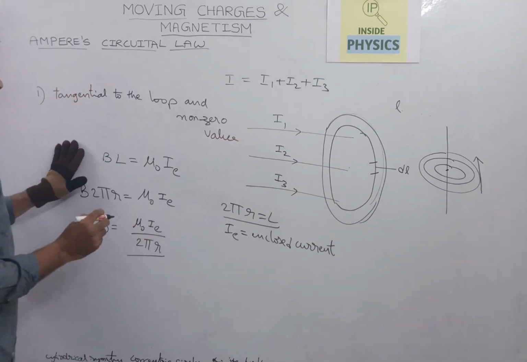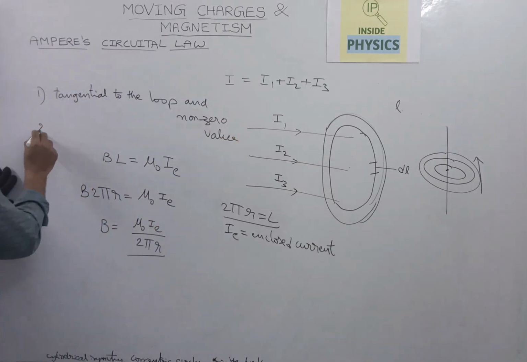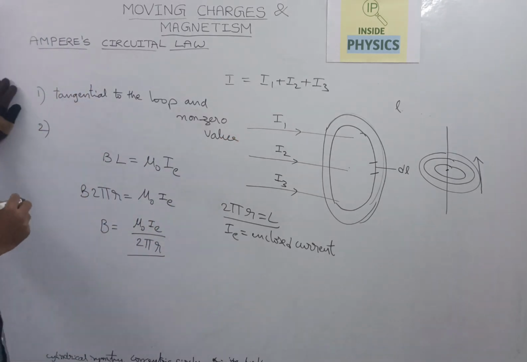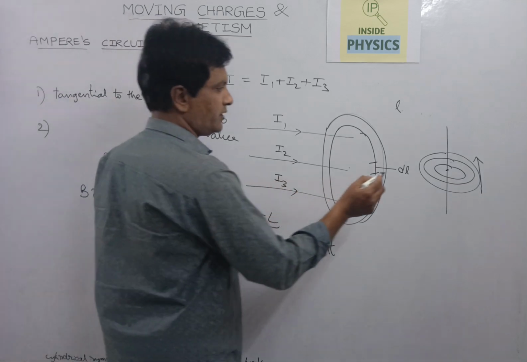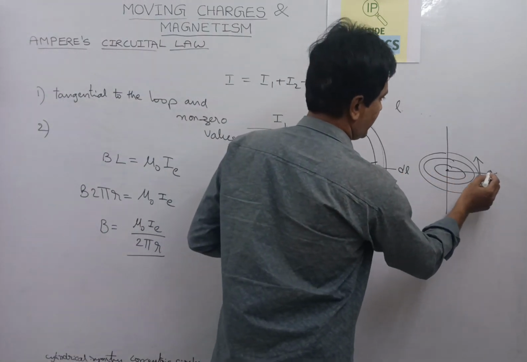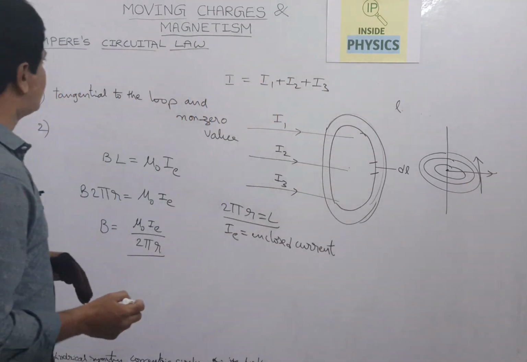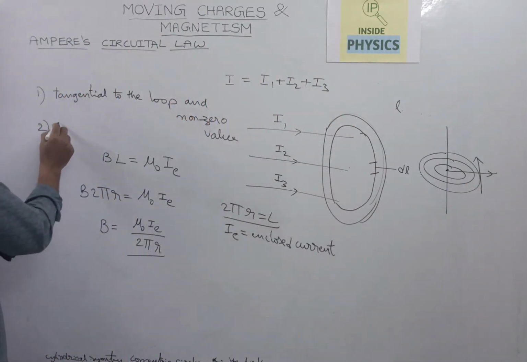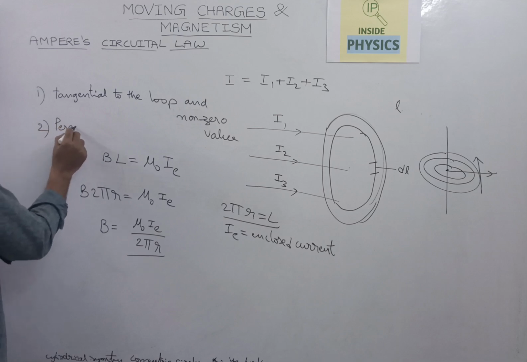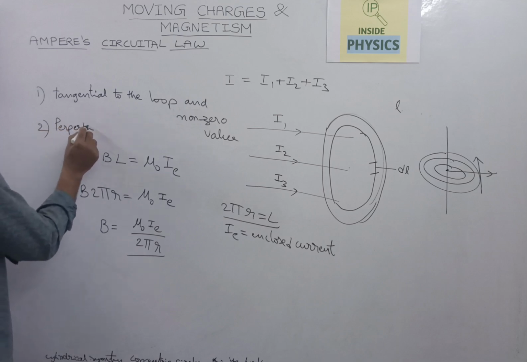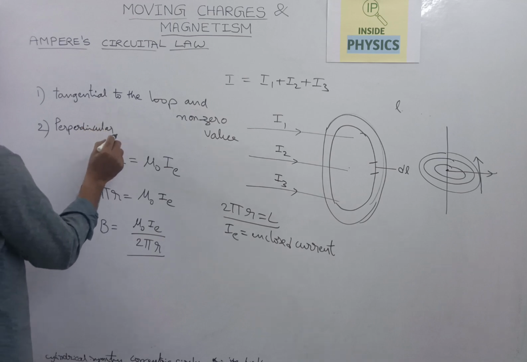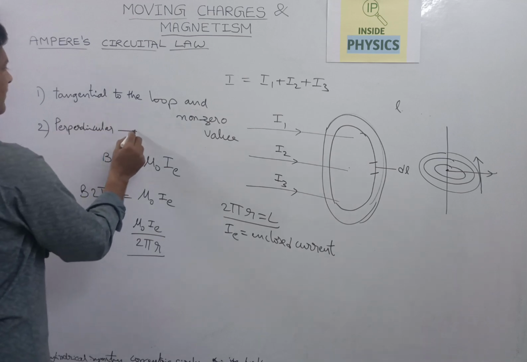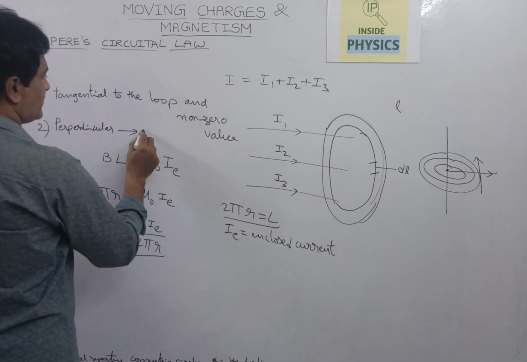And we can say another thing also: if it is perpendicular to the loop, that means if the field is like this, which is not at all correct, then it must have a zero value.